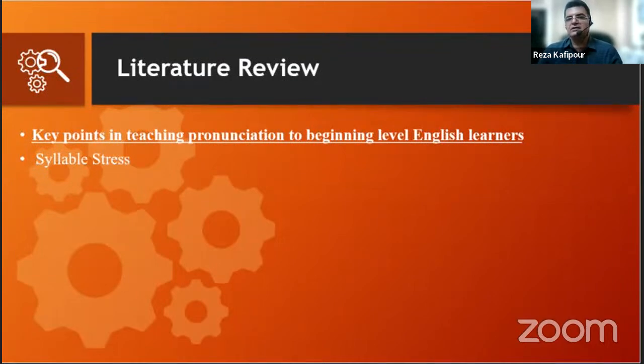Certain patterns, such as silent letters in English and the pronunciation of -ed in the simple past, are a good starting point for future pronunciation drills. Students should also learn the difference between voiced and voiceless consonants. So all of them are what we should do for beginning level English learners when we are going to teach them pronunciation.